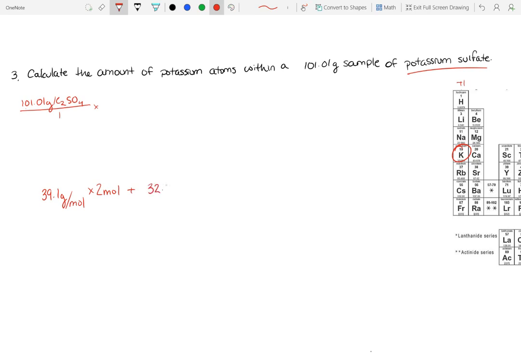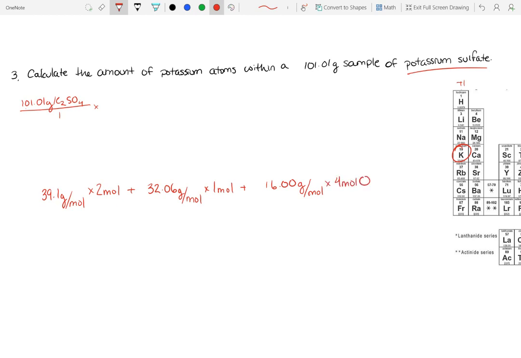Sulfur is 32.06 grams per mole, times 1 mole, plus 4 moles of oxygen, at 16.00 grams of oxygen per mole of oxygen.